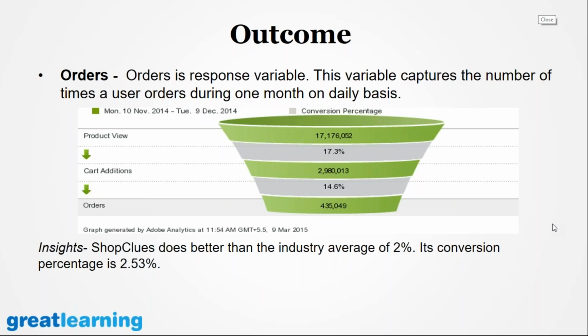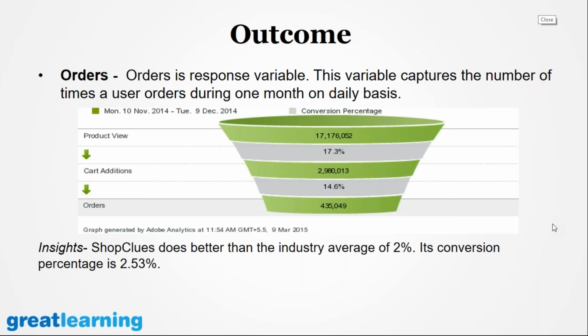The rest 98 will just go see and go out. So the entire picture in this industry revolves around increasing the conversion rate. In ShopClues, it's better than the industry average of 2%. It is at 2.53% at present, or when this study was conducted.